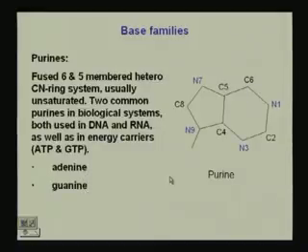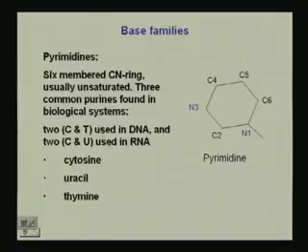These are the purines. The pyrimidines are 6 membered carbon nitrogen rings that are usually unsaturated, and there are 3 common pyrimidines that are found in biological systems. C and T are used in DNA, that's cytosine and thymine. Cytosine and uracil are used in RNA.